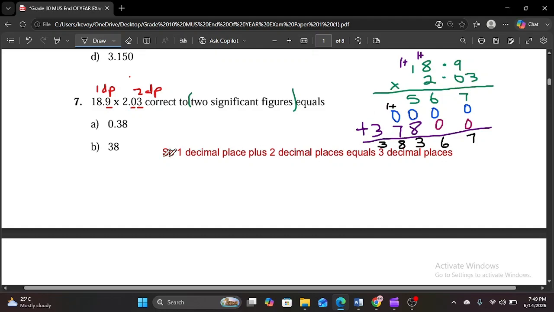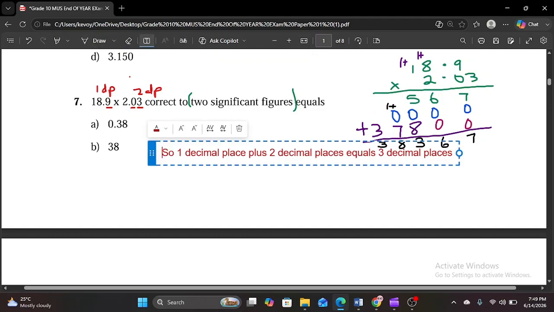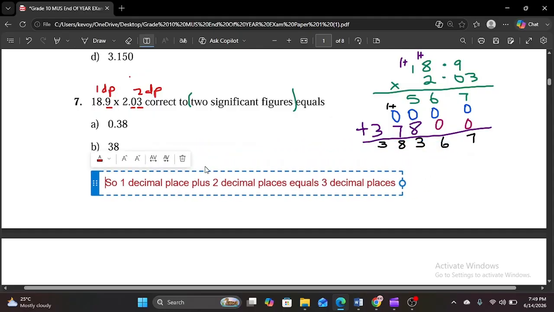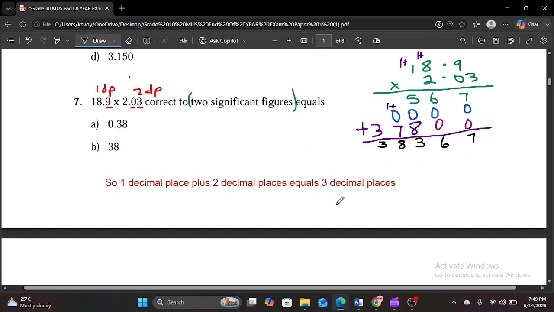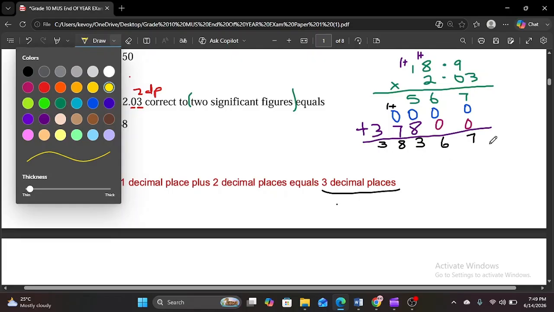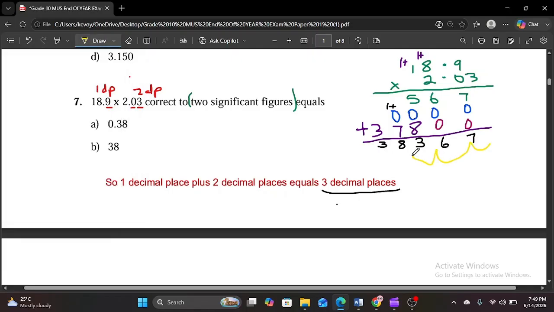And remember, we said that our answer should have how many decimal places? 3 decimal places. So because our answer should have 3 decimal places, that's what we're going to put right now. So that's going to be 1, 2, 3.